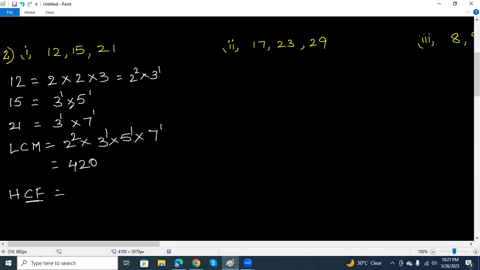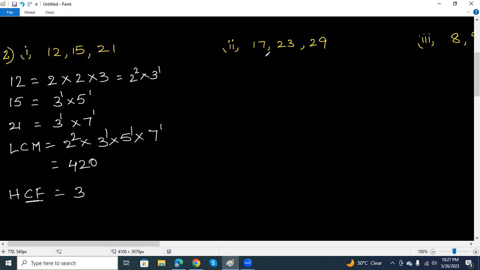Here 2 is there. Is it present here? No. 3 is here, 3 is here, 3 is here. So 3 is the common factor. 5 is not present in these two, and 7 is not present in these two. Only 3, the common factor with the smallest power. What is the smallest power of 3? 1 only. So the HCF is also 3. 3 power 1 is nothing but 3 only.